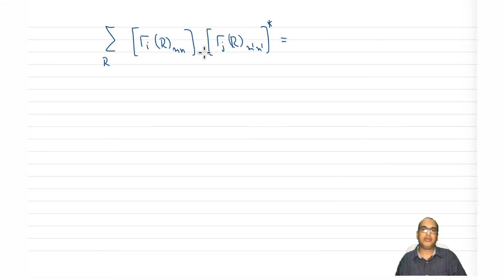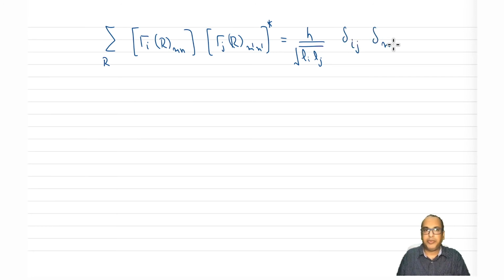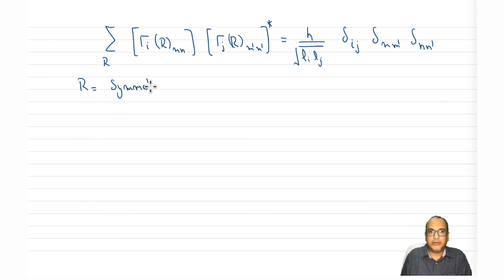If we are dealing with complex numbers, then one of the factors in the product will be a complex conjugate. You can take the complex conjugate of any of these, it does not matter. Okay, so this is equal to h over li lj, and this will be delta ij delta m m prime delta n n prime. Okay, so let us look at the meaning of all of this. So r is the symmetry operation.